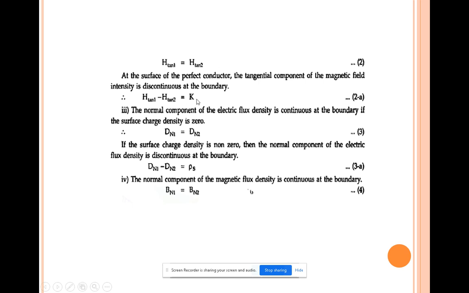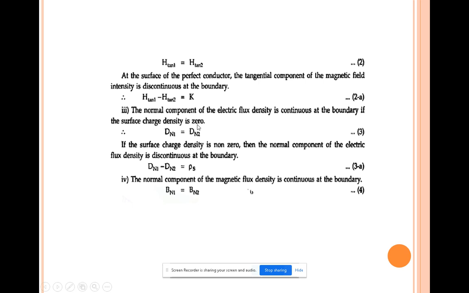But here, for the perfect conductor it is discontinuous, so we use some constant value K instead of 0.